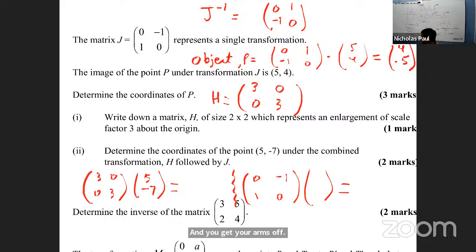You can multiply H and J and then multiply the point, or do them separately. So multiply them all together.